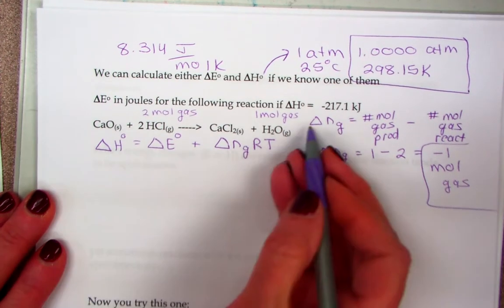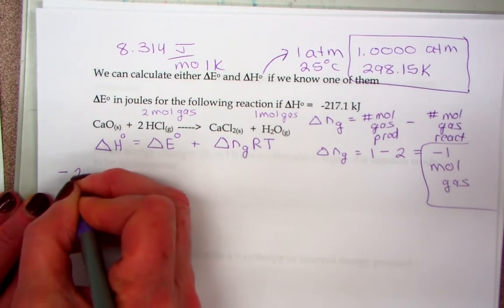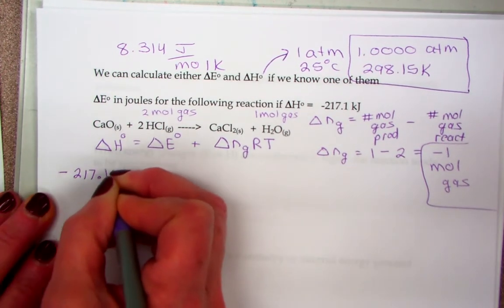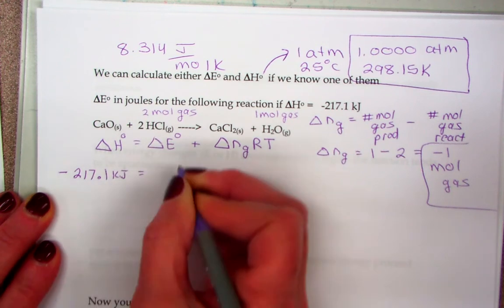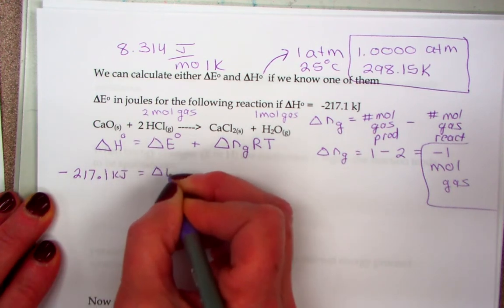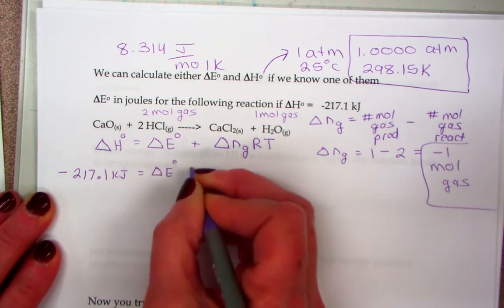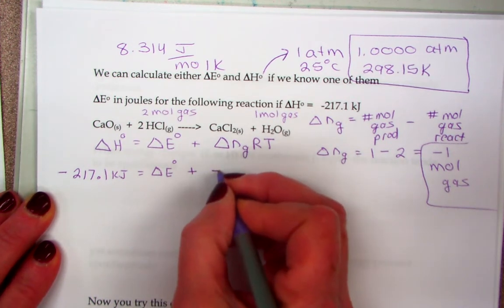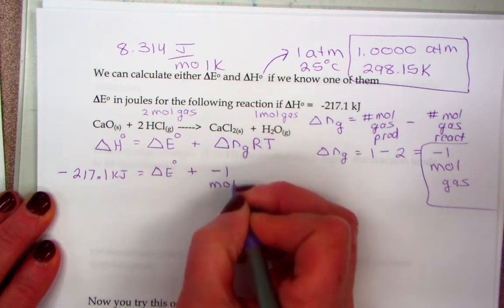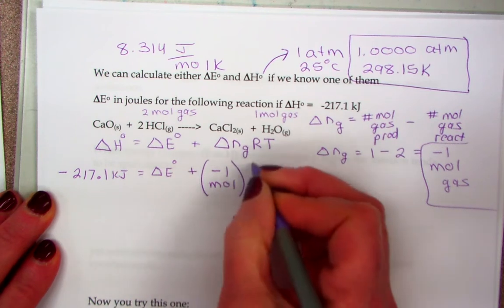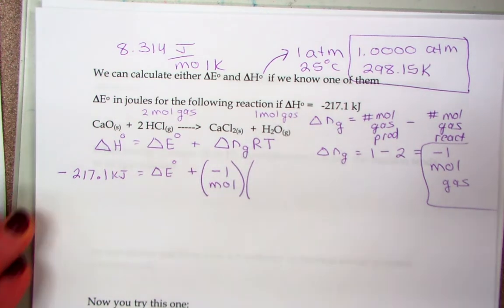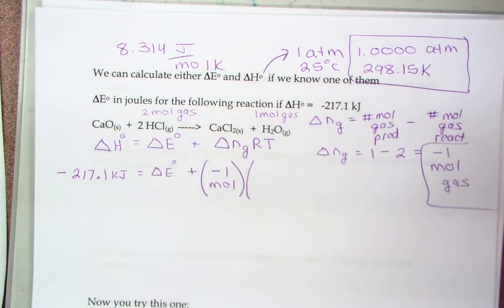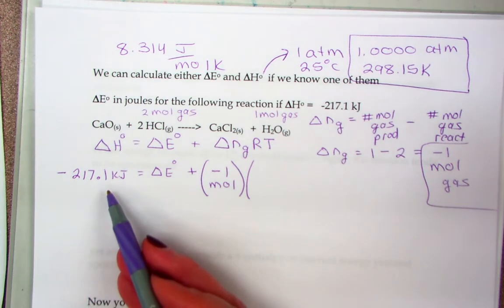So my delta H0, negative 217.1 kilojoules, is equal to delta E0, what I'm trying to figure out, plus delta N sub G, negative 1 mole of gas, times R. Now, I have a little problem here because R has units of joules per mole Kelvin, and I have kilojoules over here.